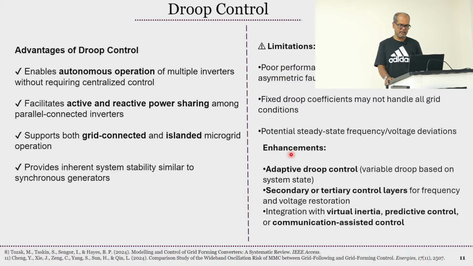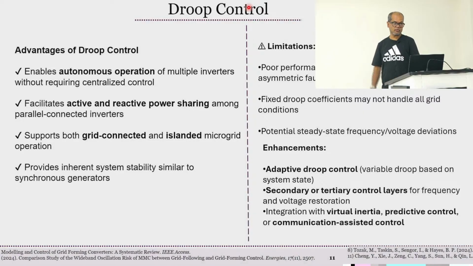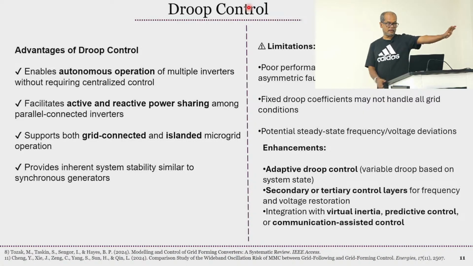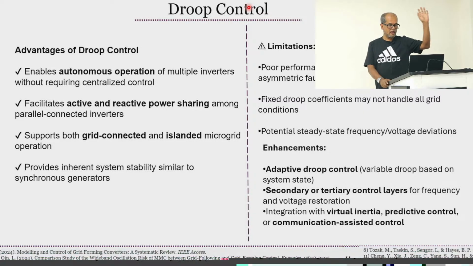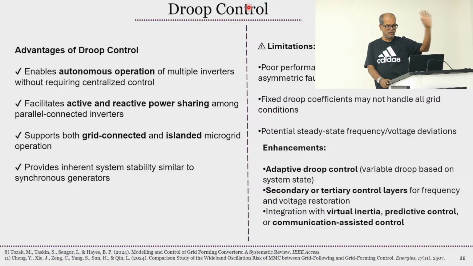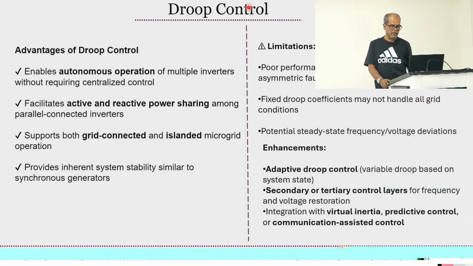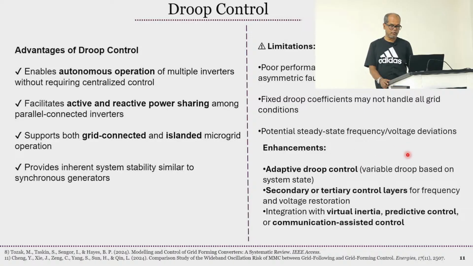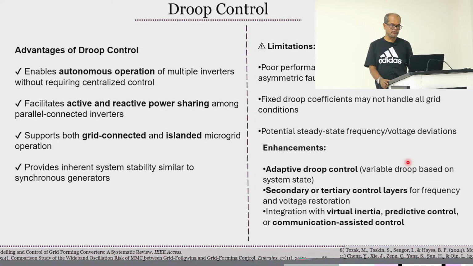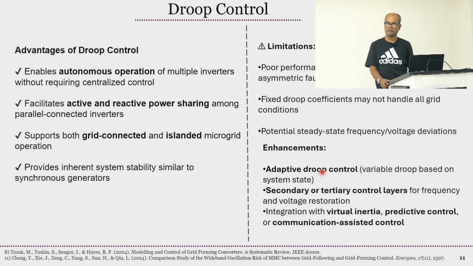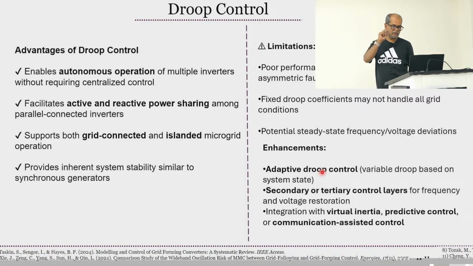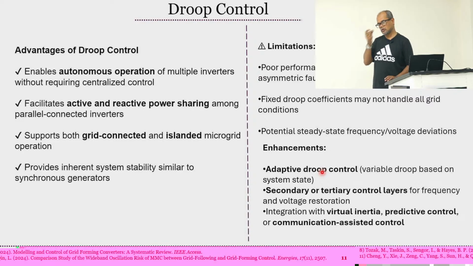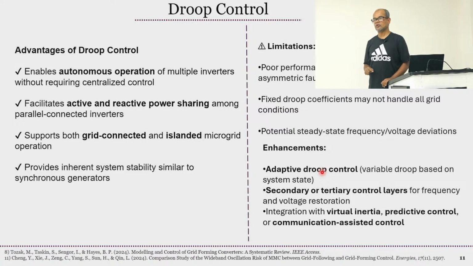But there is a way that you can enhance the droop control technique as well. You don't always have to use the standard power-frequency, voltage-reactive power. You can have adaptive droop, which is going to provide variable droop based on your system condition, so it's going to change the droop parameter. Also, droop is a primary control, right?